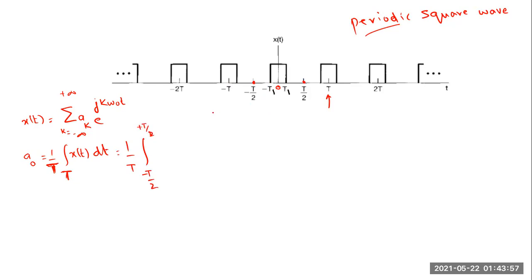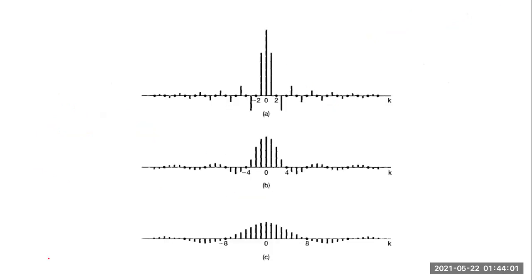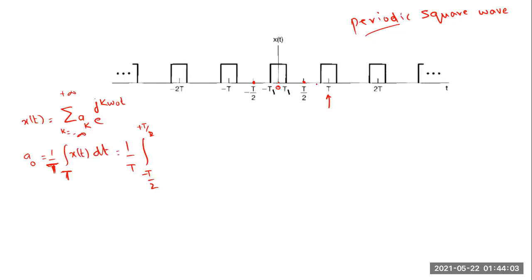Of course, you can take any interval you like. You can also take 0 to T. It's up to you. You can take T to 2T, as long as the interval is T. That's fine enough. But whenever you are dealing with a symmetric signal, it's better to take the interval such that you take half negative interval and half positive interval. And that is what I have done.